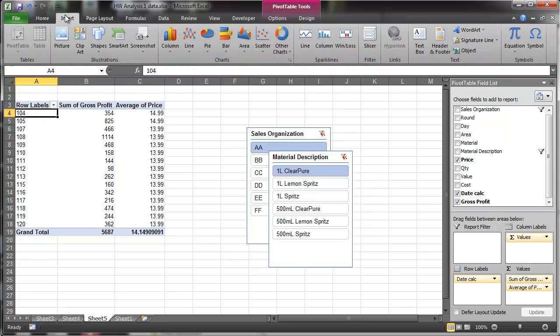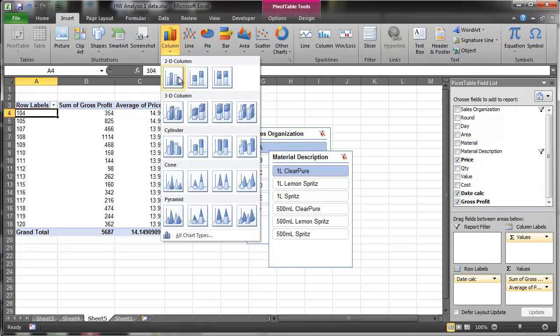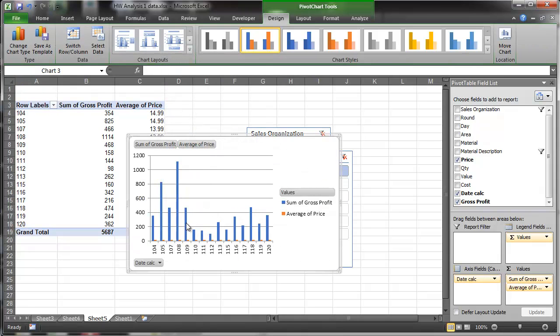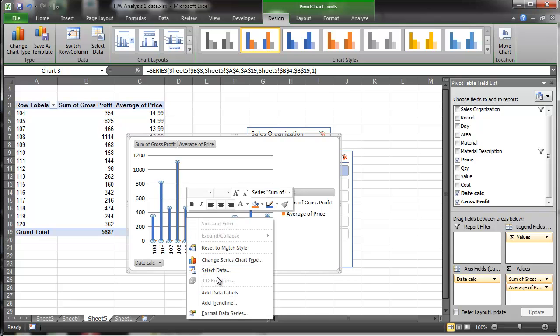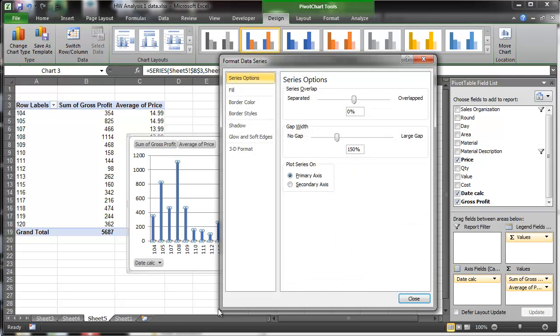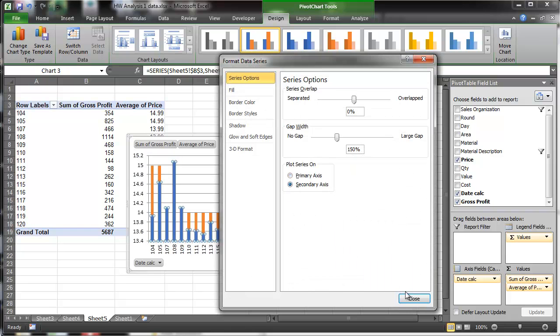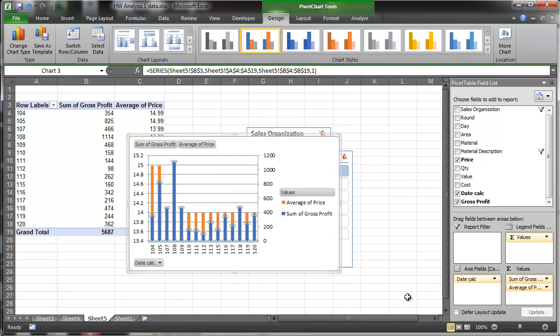And then you can create a chart that looks like this, and you go, well, I can't quite see that. I'm going to format this, and I'm going to put it on a secondary axis, and it doesn't look all that great either.